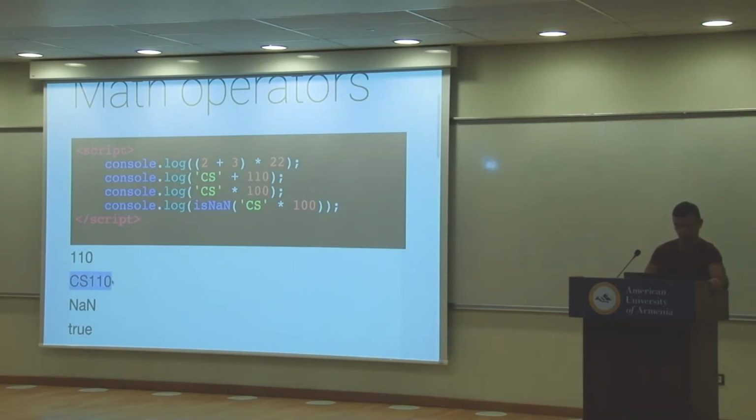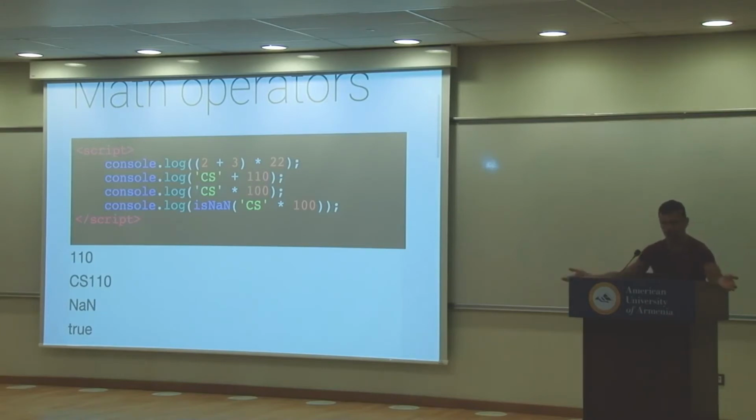Make sense? Okay. If I do a multiplication, a multiplication expects numbers. You can only multiply numbers, right? So 3 times 3, 9, no problem. 6 times 6, 36, no problem. But I'm multiplying with a string.